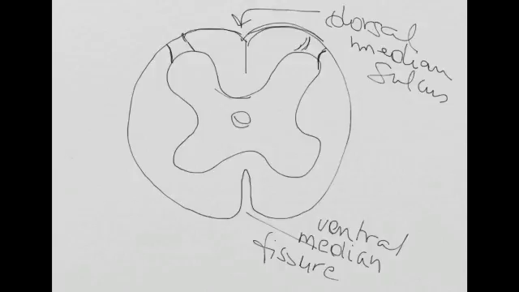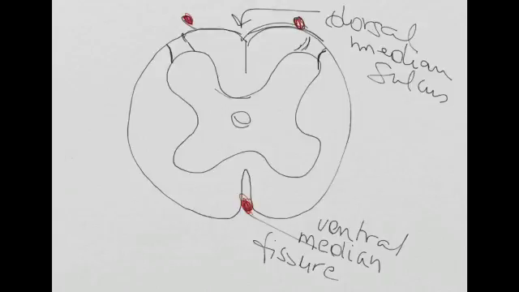In the dorsal surface, we have two arteries, the two posterior spinal arteries, here and here, while anteriorly we have one in the midline.